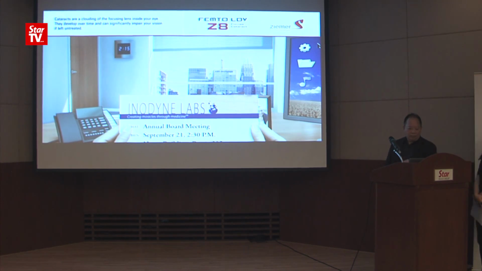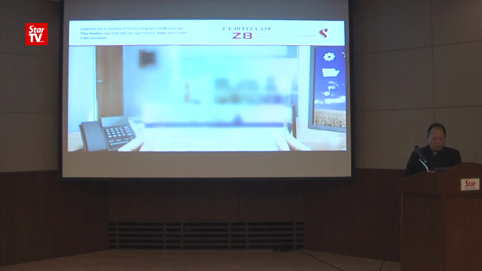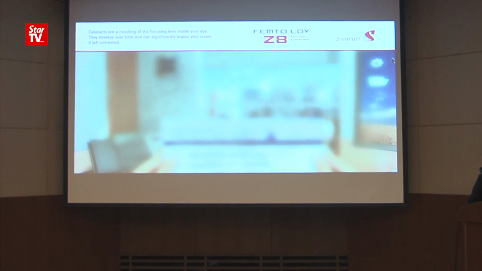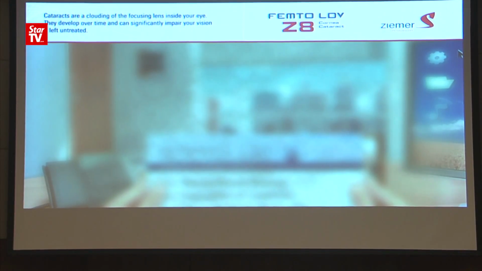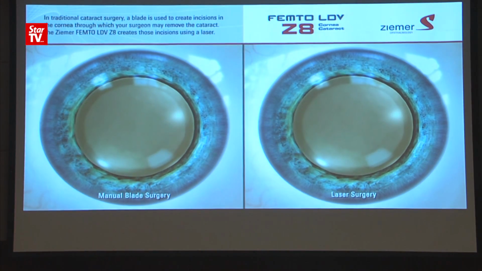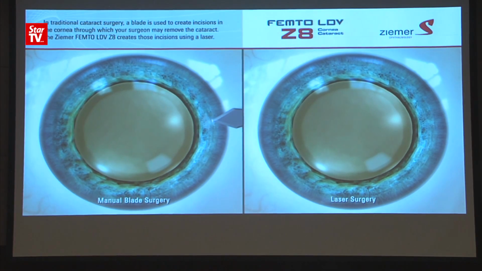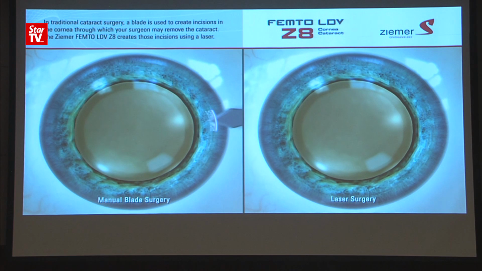Cataracts are a clouding of the focusing lens inside your eye. They develop over time and can significantly impair your vision if left untreated. In traditional cataract surgery, incisions into the eye are manually created with a blade. These incisions allow your surgeon to insert the instruments used to remove the vision-blocking cataract.